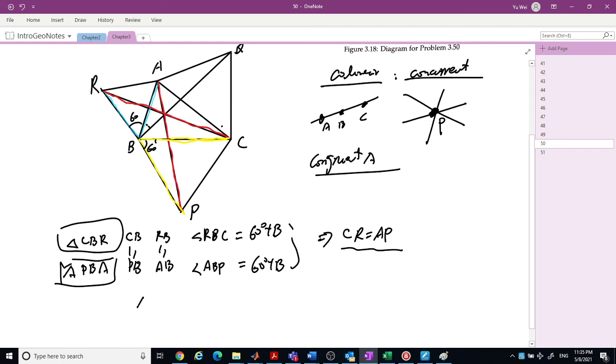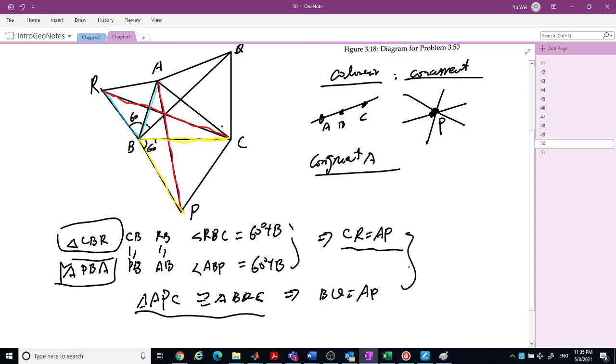So the same thing, you can use the triangle APC and BQC. You can also prove this. So this way you can prove that BQ equals AP. Then what do you have? That means they are all equal. Next.